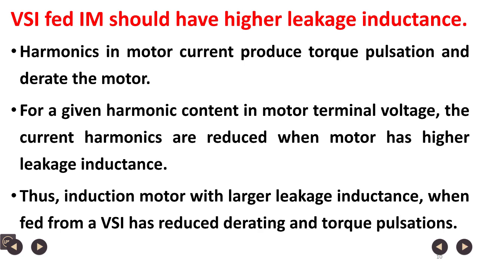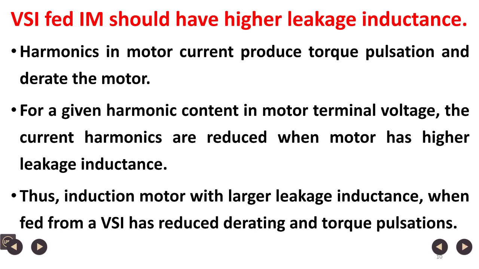Why? Harmonics in motor current produce torque pulsation and derate the motor. We have discussed that harmonics in the motor current produce torque pulsation and machine rating output reduces. For a given harmonic content in motor terminal voltage, the current harmonics are reduced when the motor has higher leakage inductance, because current is voltage divided by impedance.